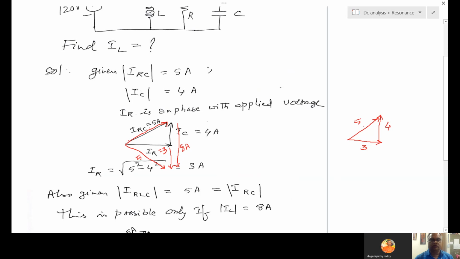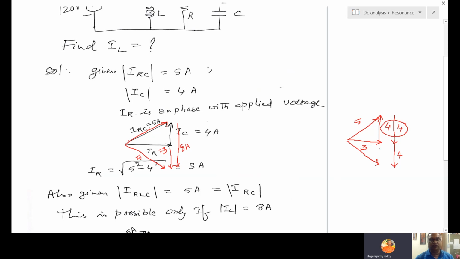Now for this vector to come here, minus 4 should be added. And for this vector to come here, what value should be added? This is one length, this is another length. This is 4, this also 4. This 4 going up, this 4 going down, this total cancels.